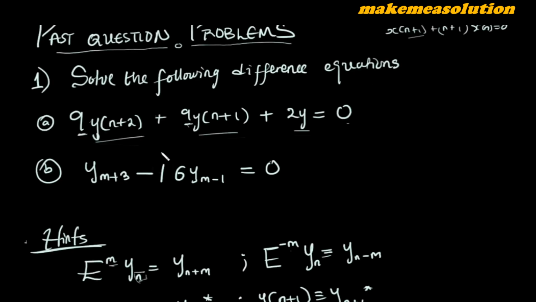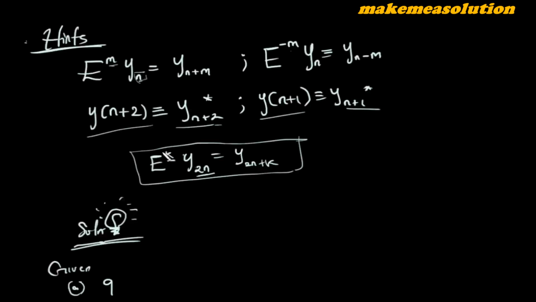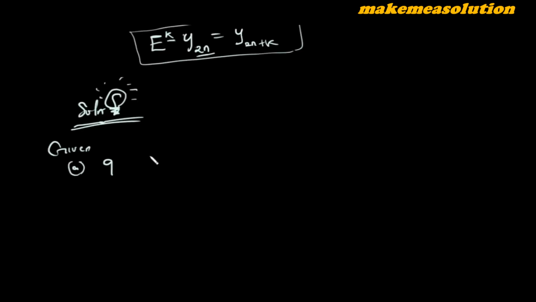So, solution now. You're given in the A part: 9y_{n+2} plus 9y_{n+1} plus 2y equal to 0.